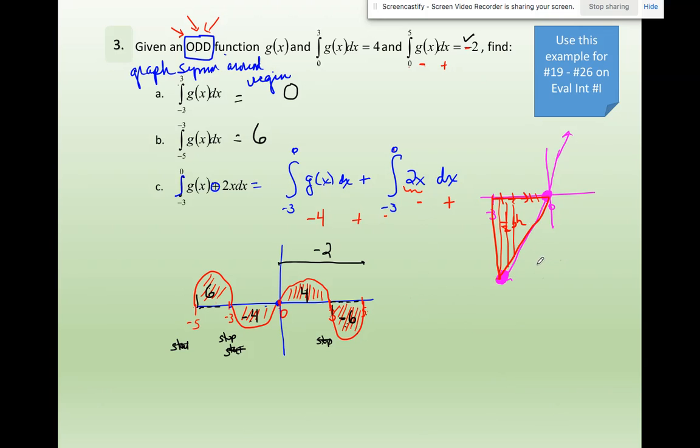So the true area of that triangle is 1/2 base. How long is that? Times the height. What is that? 6, but the height is negative. So that is -18 over 2, aka -9. -4 and -9 on Tuesdays is -13.